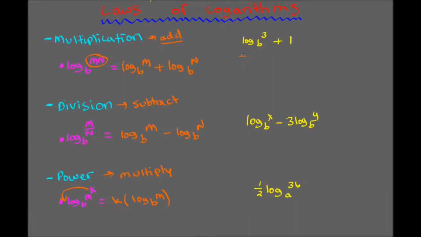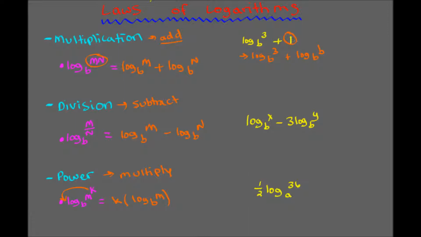So we can rewrite this as log base b of 3 plus log base b of b, because b to the first power equals b. That's why we rewrote 1 as a log with the base of b, so that we can now apply the rule that we discussed earlier in order to combine the two logs together.